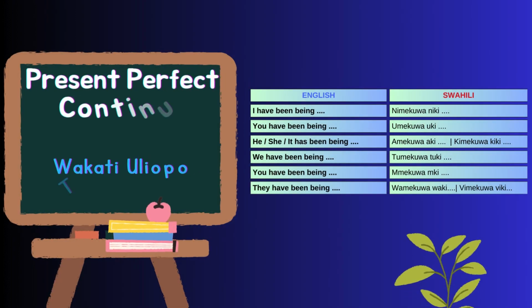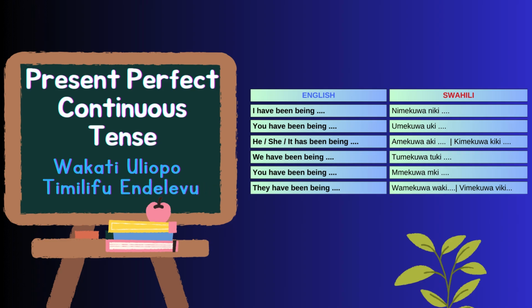Finally, let's conjugate the verb to be in the present perfect continuous tense. I have been being. You have been being. He, she, it has been being. We have been being. You have been being. They have been being. Let's practice with examples. I have been being. For example, I have been being patient all the time. You have been being.